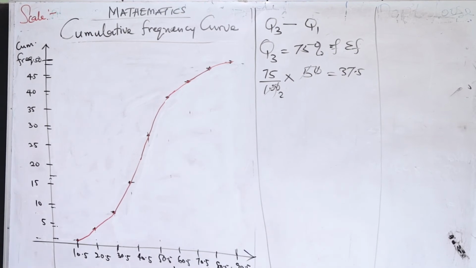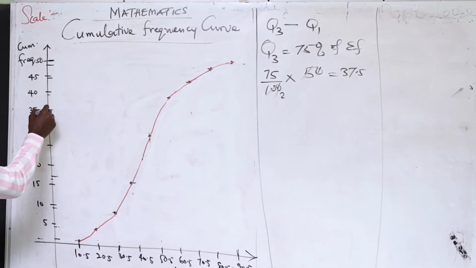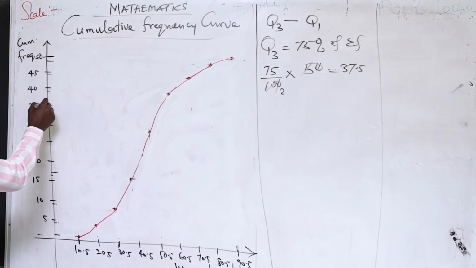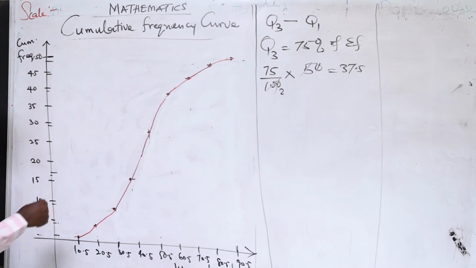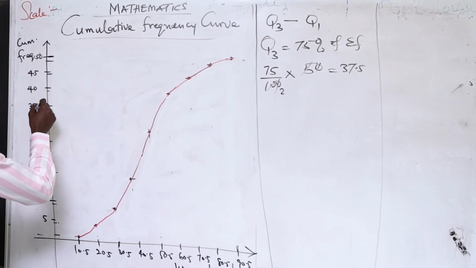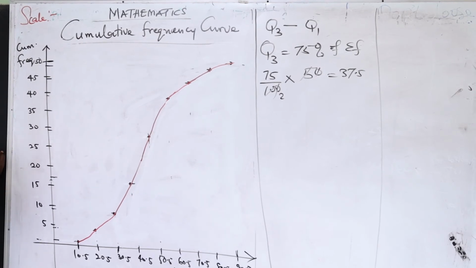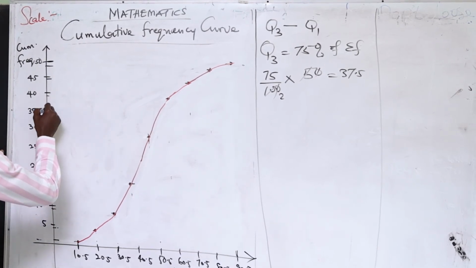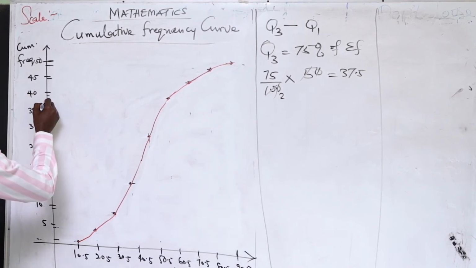So what is 37.5? This is 30. This is 35. How many O's are there? 5. Yes, 5. A good one. Count 5 O's after 35. I want to believe this is my point.